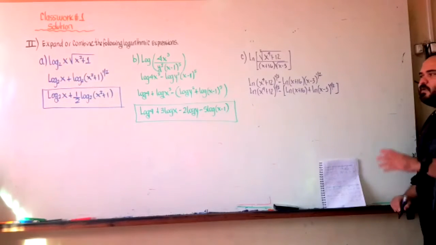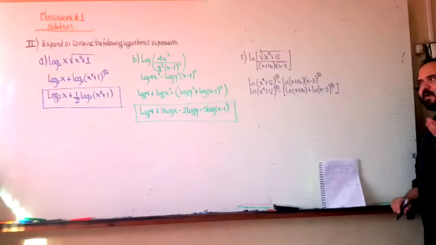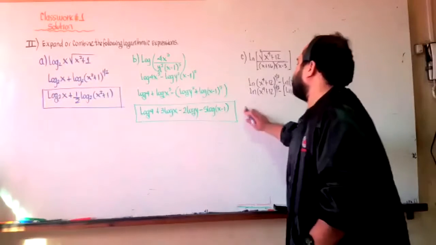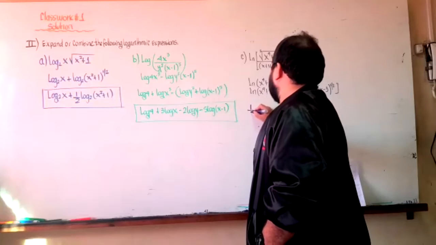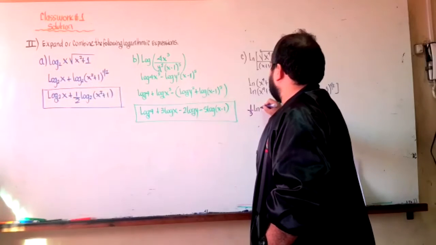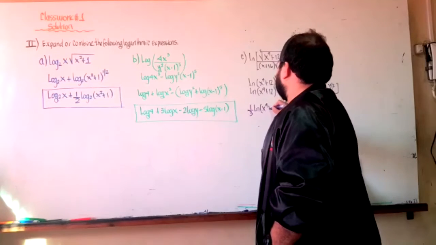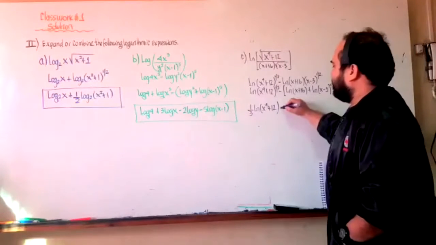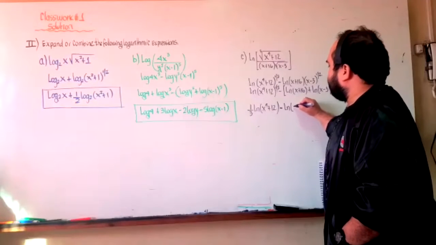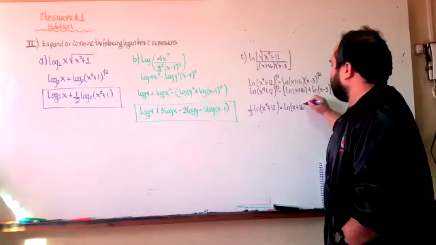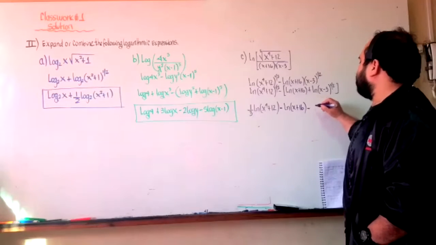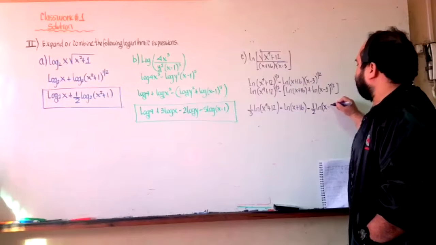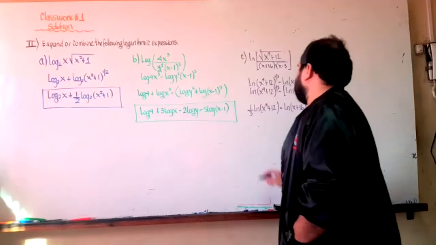And finally, the powers pass to multiply every logarithmic expression. So we got 1/3 natural logarithm of x to the fourth power plus 12 negative natural logarithm of x plus 16 minus 1/2 natural logarithm of x minus 3.